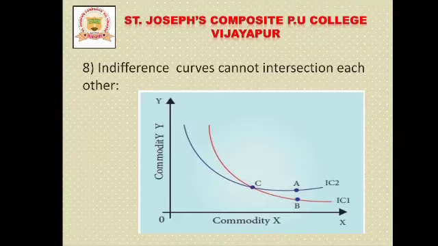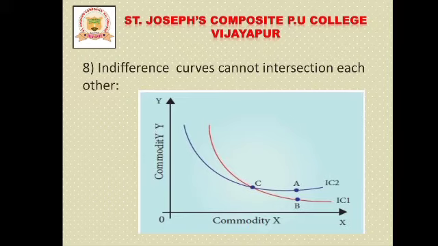Next property: indifference curves cannot intersect each other. Students, observe this diagram: both curves intersect each other, right? Usually, indifference curves will not touch or intersect each other. Two indifference curves never intersect because they represent two different sets of combinations of two goods, providing unequal levels of satisfaction.